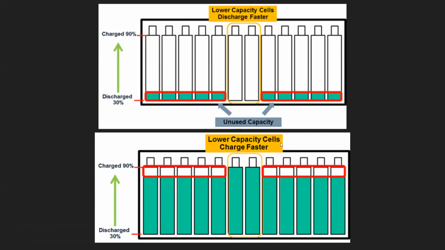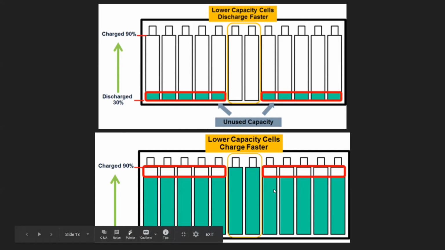There's 2 types, which is active and passive balancing. Passive balancing refers to just discharging the cells that are higher in state of charge, so that when you're charging, you would discharge these cells and then all the cells in the pack could be fully charged. There's also active balancing, which involves moving charge from one cell to another.